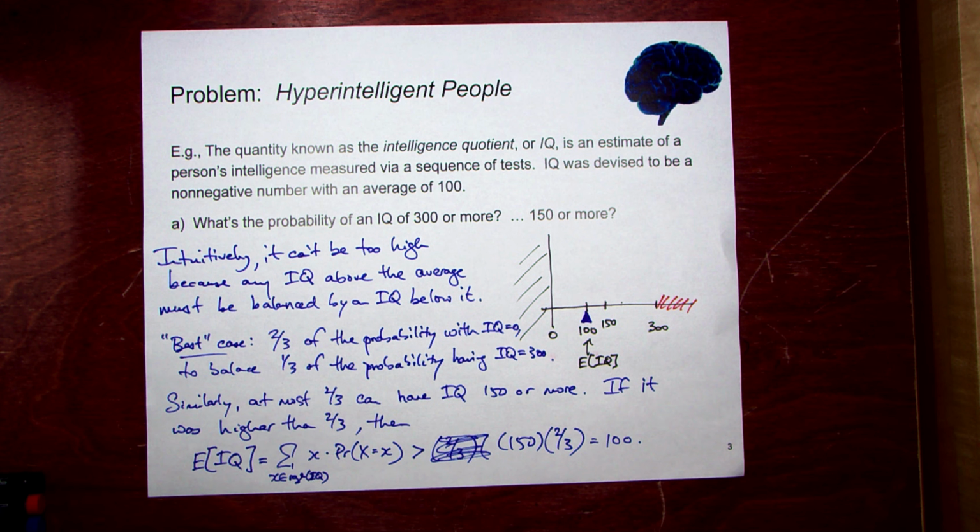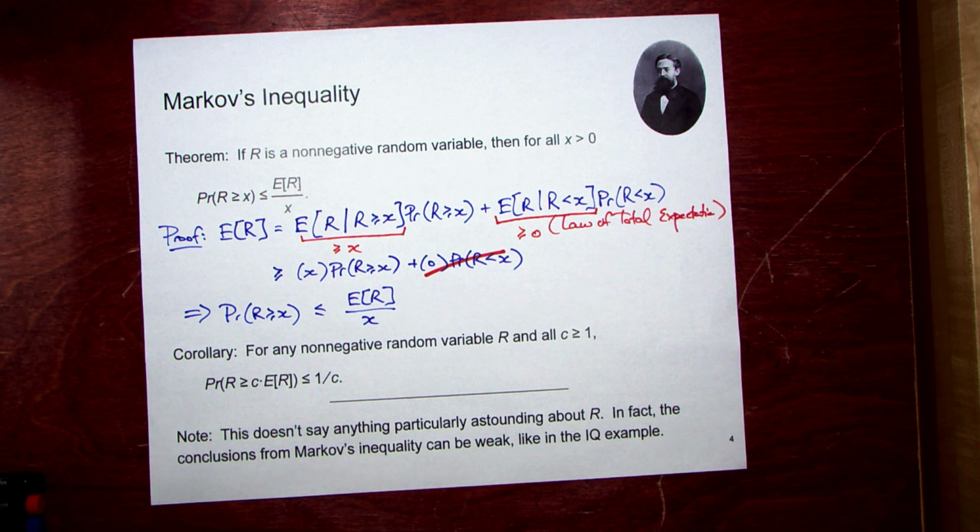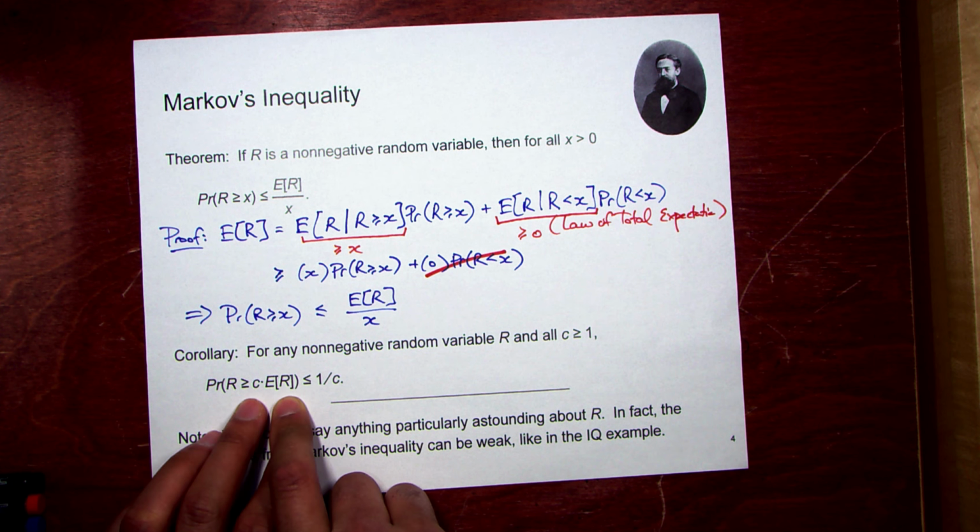This technique is known as Markov's inequality, and we proved it last time. Basically, if you want to know how probable it is to be C times above the mean, the probability is at most 1 over C. Or you can pick any arbitrary x and divide the mean by x.